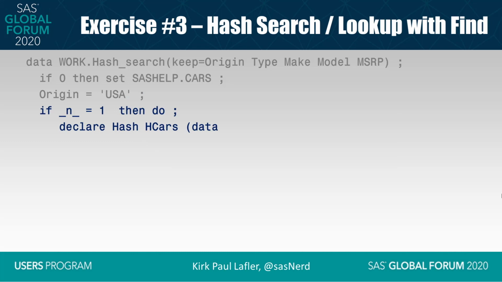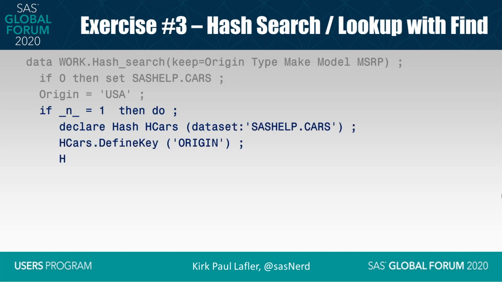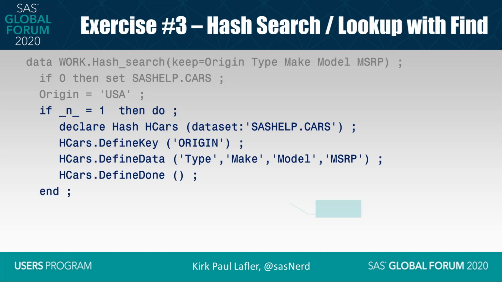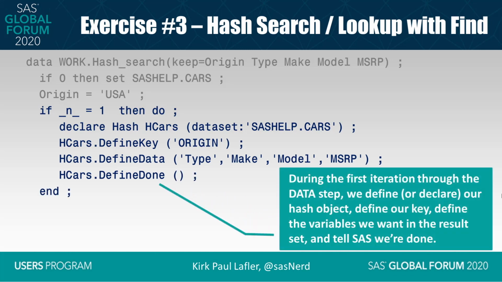And then what we're going to do is just the first iteration through the data step. Now keep in mind, a data step will iterate as many times as there are records or observations. In this case, we're using the automatic system variable called _n_ to tell SAS that just the first iteration through the data step, we want to declare the name of our hash object as hcars.